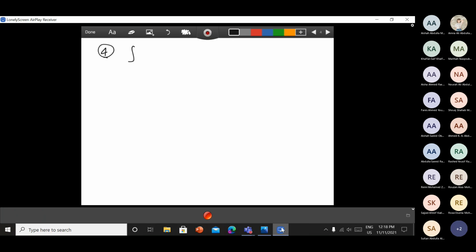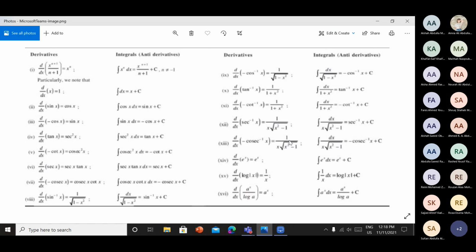The integration of cosine of 3x plus 4 dx. When I'm looking at the table, I have the integration of cosine only.